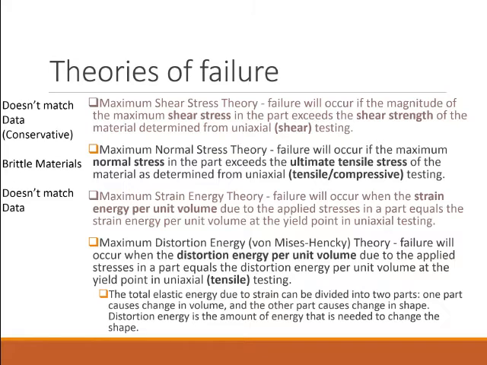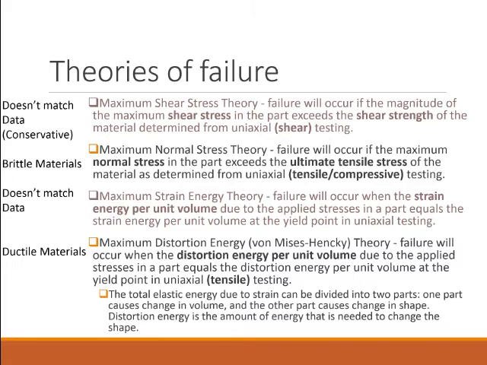If I deform the volume by causing it to change shape, the energy used to do that doesn't contribute to the failure. What contributes to the failure is when I use energy to distort the shape into a shape it no longer can sustain. And this turns out to be valid for ductile materials.